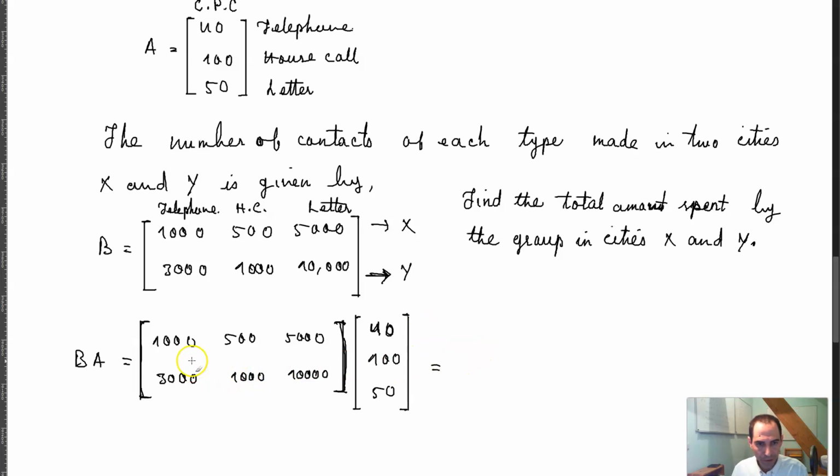Now this is a 2 by 3 matrix and this is a 3 by 1 matrix, so you'll get a 2 by 1 matrix.